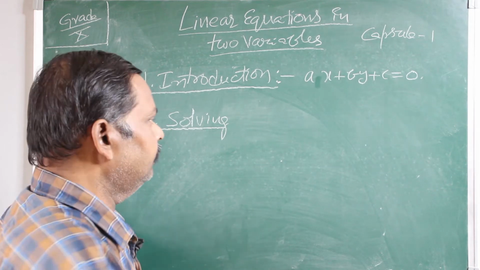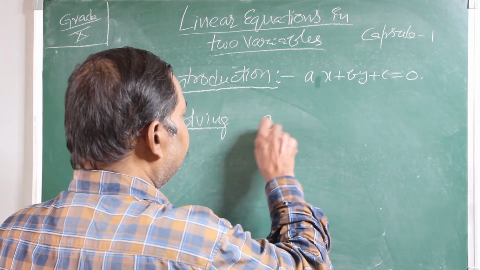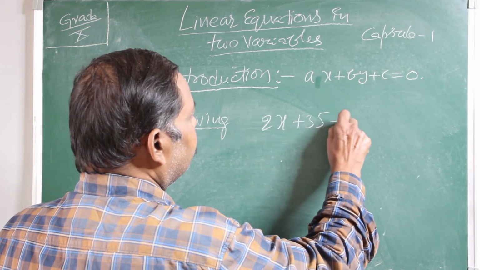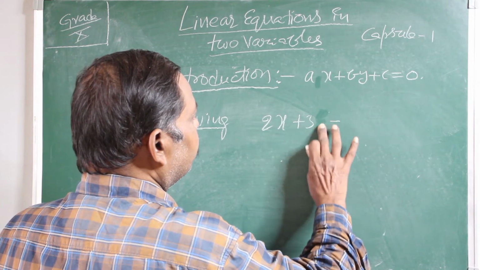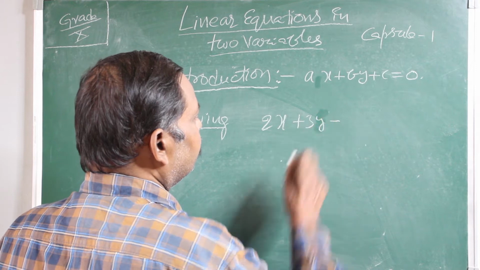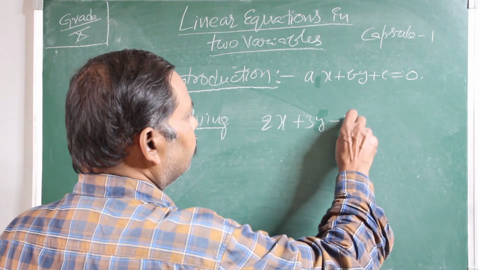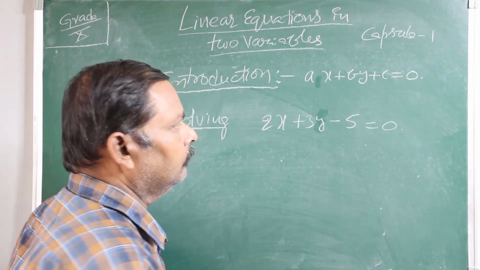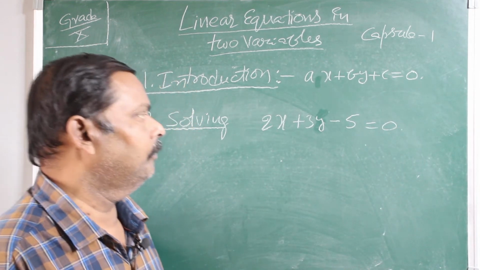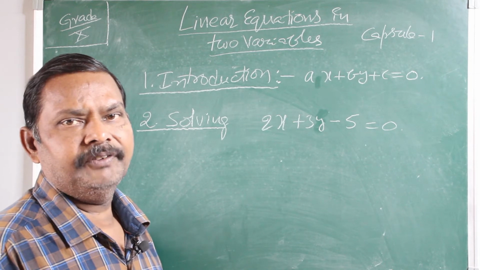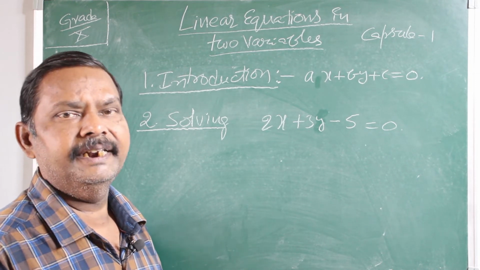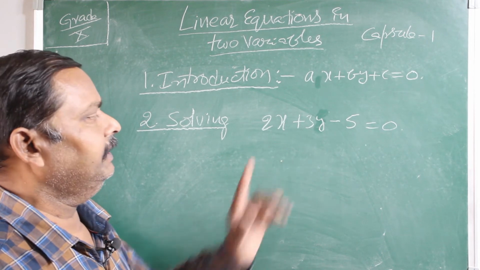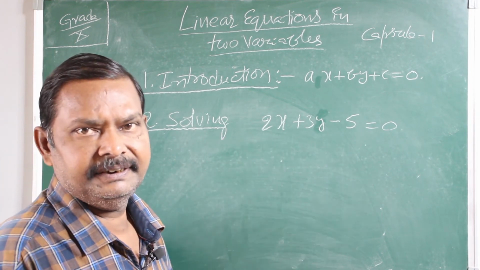For example, 2x + 3y - 5 = 0. It is a linear equation. Now, for what values of x and y the equation is consistent?